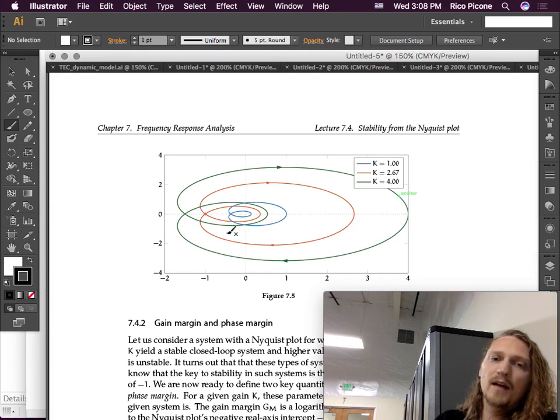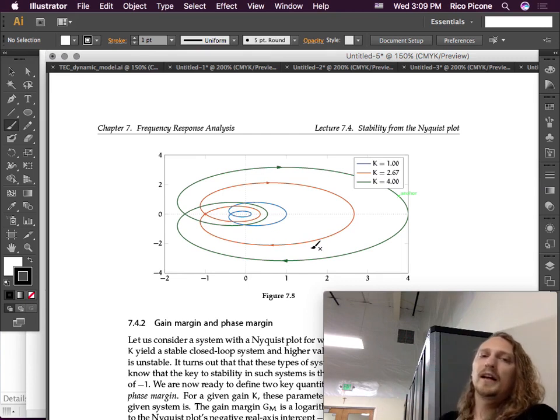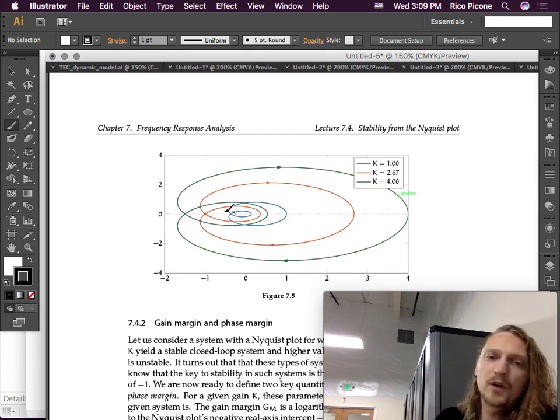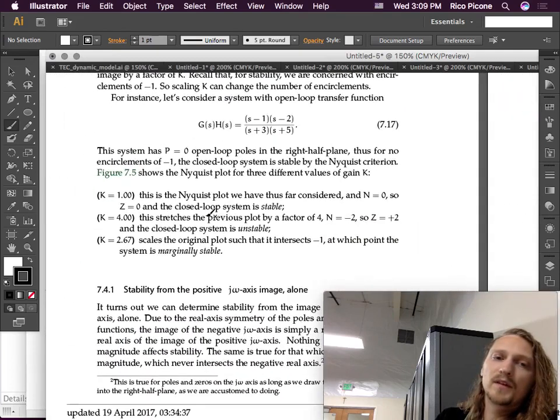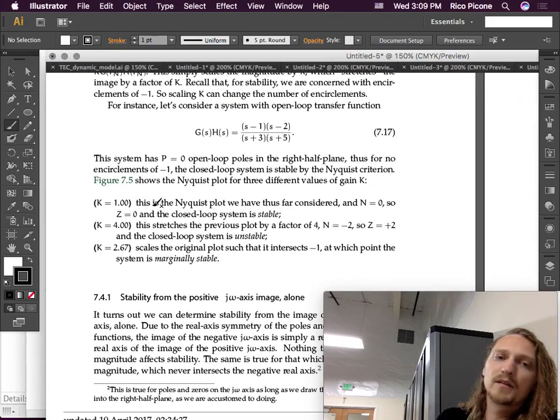On the other side, if you scale this thing up, k is 4, notice it stretched the whole thing out, and now you have 2 encirclements of -1. The direction of those encirclements is important. So let's interpret. It's stable for N equals 0, no encirclements. So Z is also equal to 0, and the closed loop system is stable.